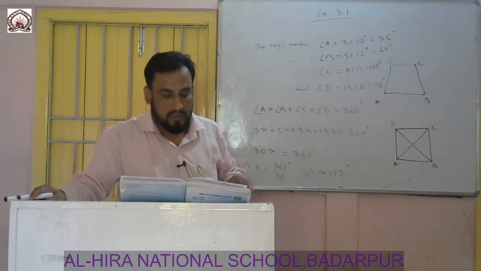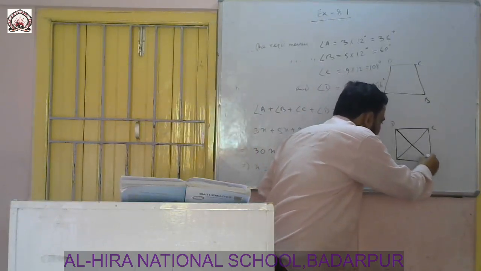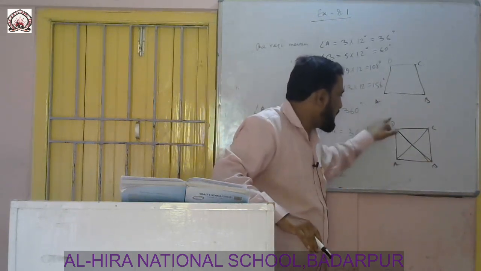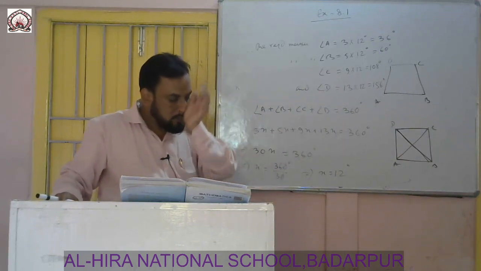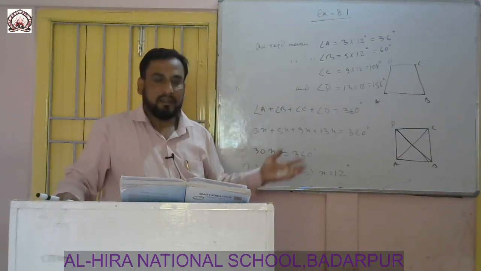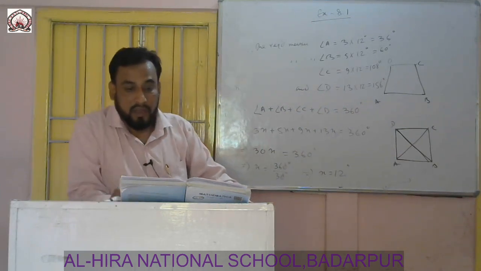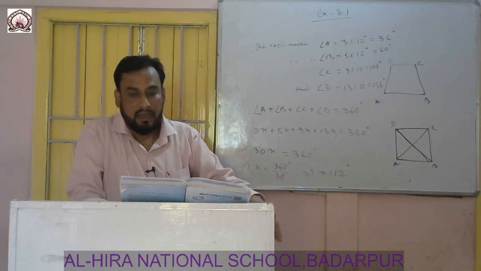Then considering diagonal BD, you will get two more triangles BAD and BCD. You will show that these two triangles are also congruent. Then you will proceed to the theorem that if the diagonals of a parallelogram are equal, then it is a rectangle.